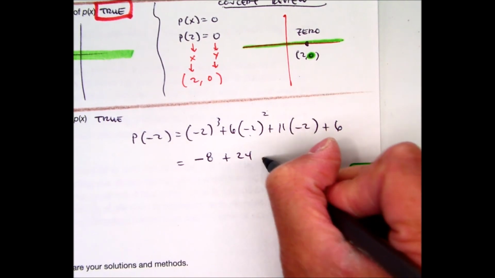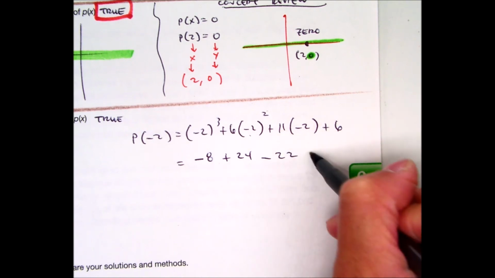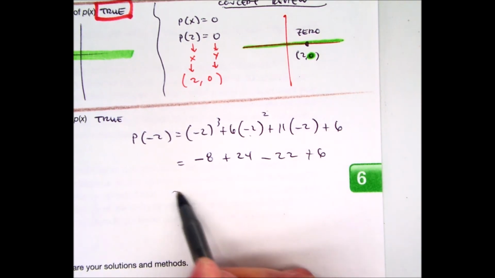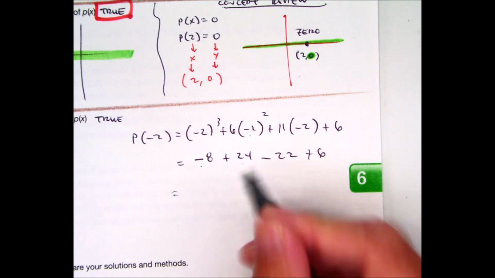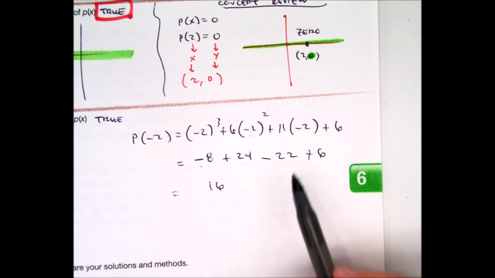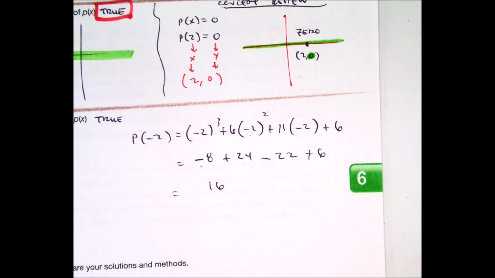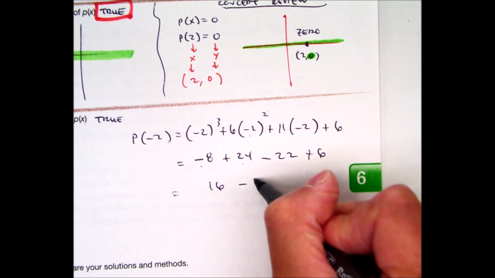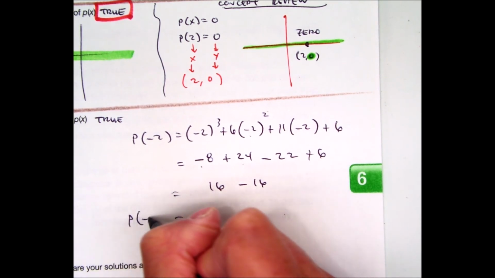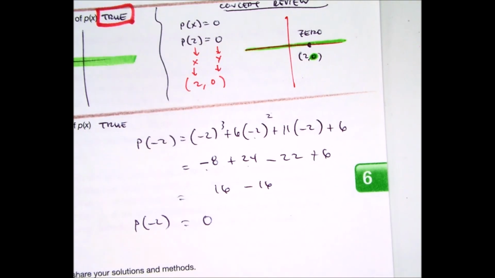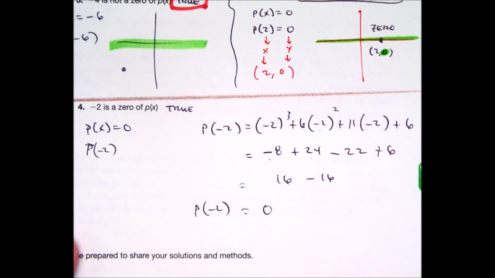Oscar, negative 8 plus 24. And negative 22 plus 6. Negative 16. Eileen, 16 minus 16. Class, is that going to cross the x-axis? Yes, it is a 0. That's why it's true.